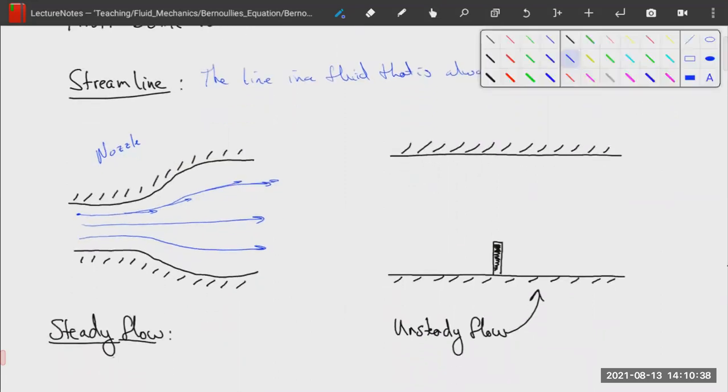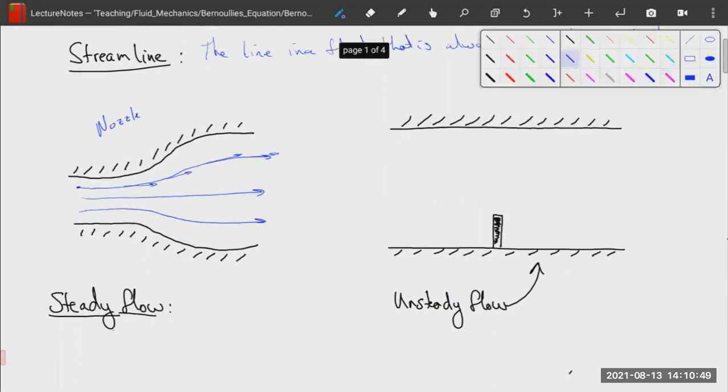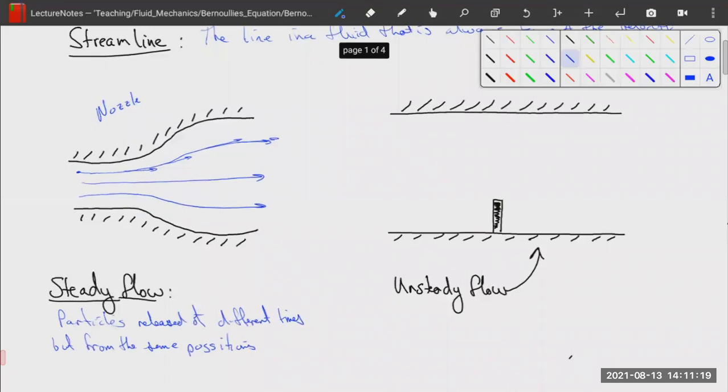Now this nozzle we showed here is what we would call steady flow because the streamlines are all laminar. And with steady flow, particles released from the same positions at different times follow the same streamlines. So let's write that down here. Particles released at different times, but from the same positions, follow the same streamlines.